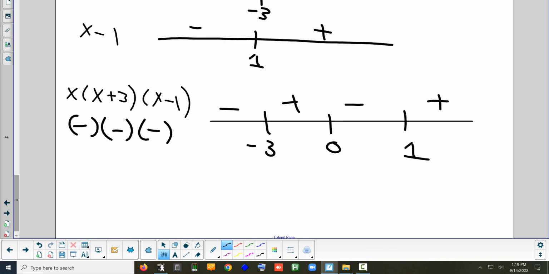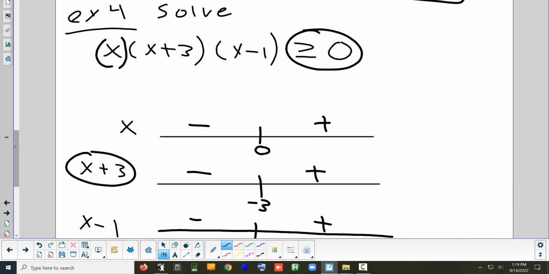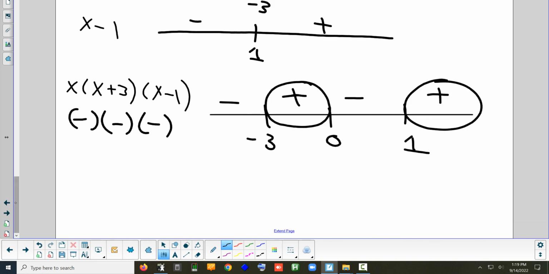Now I forgot, what do they want to know? Positives. That means you could be in this section or this section, but this time it's greater than or equal to 0. So how would you describe the numbers in, we'll call this interval 1, that's interval 2.